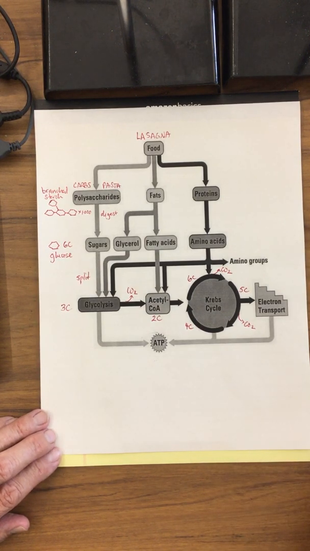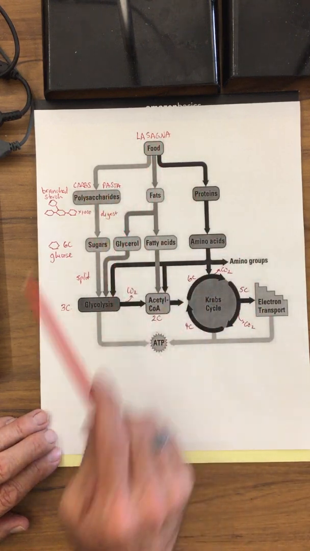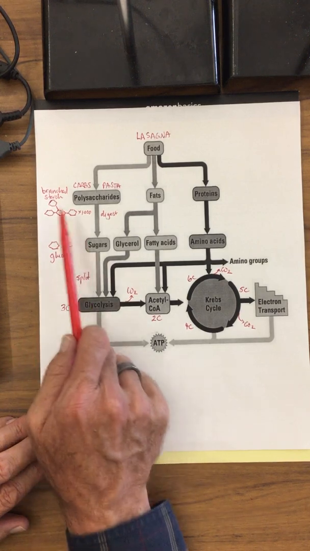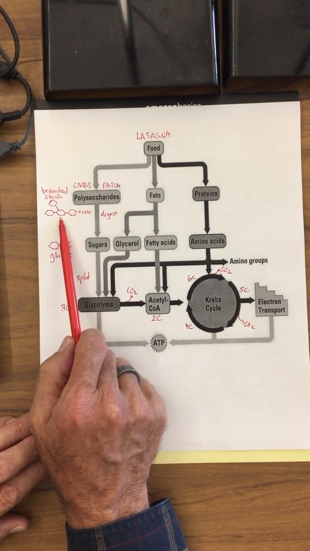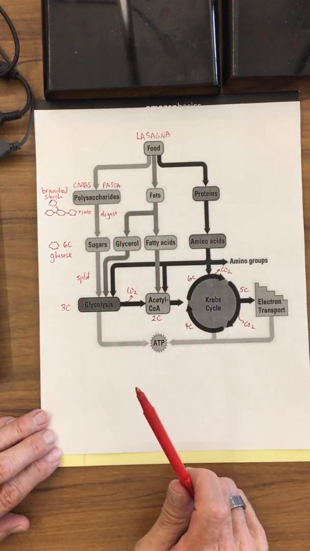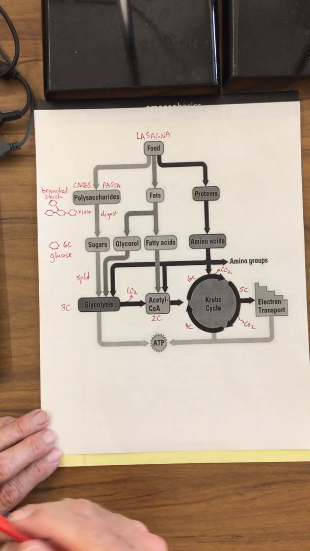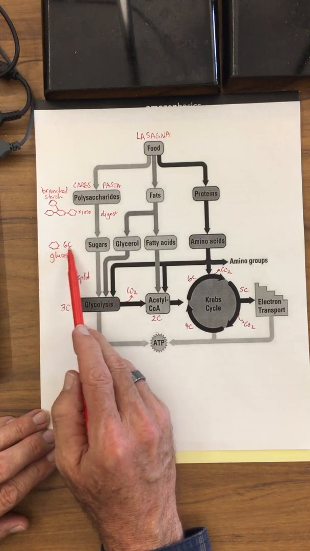So let's follow the process again. We've got our food, lasagna. It has carbs inside the pasta. These carbs are going to be starch. They're branched polysaccharides, thousands of units long. We digest them in your mouth and also in your lower gut and your small intestines. They're broken down into individual hexagons of glucose.